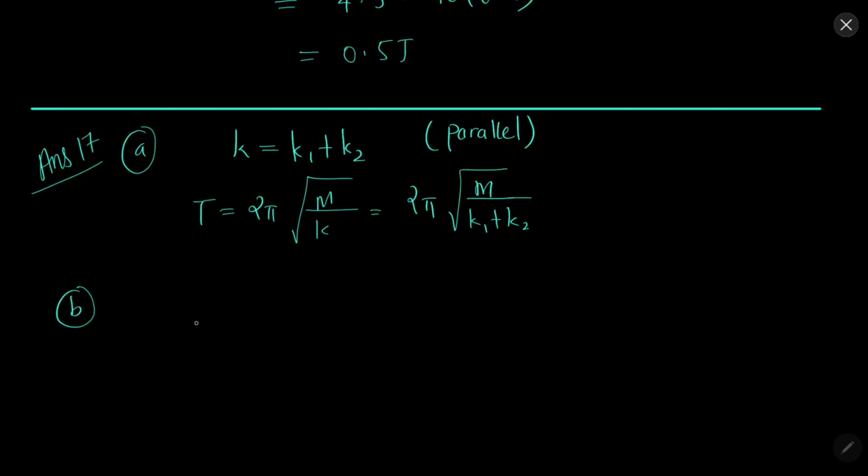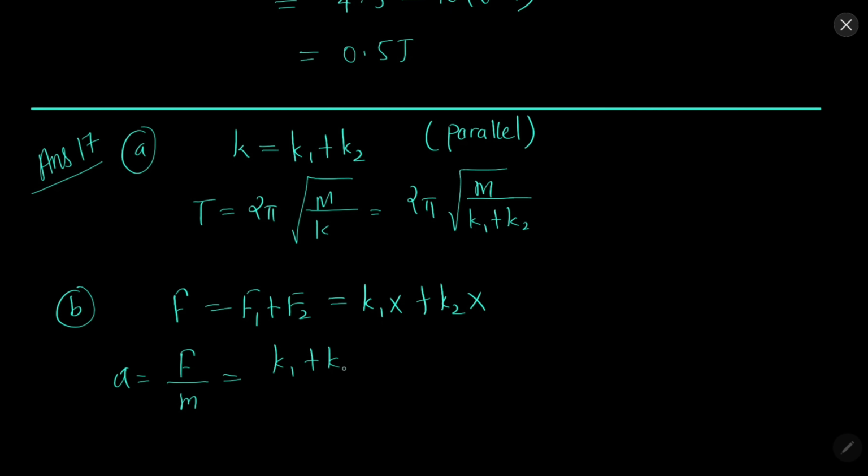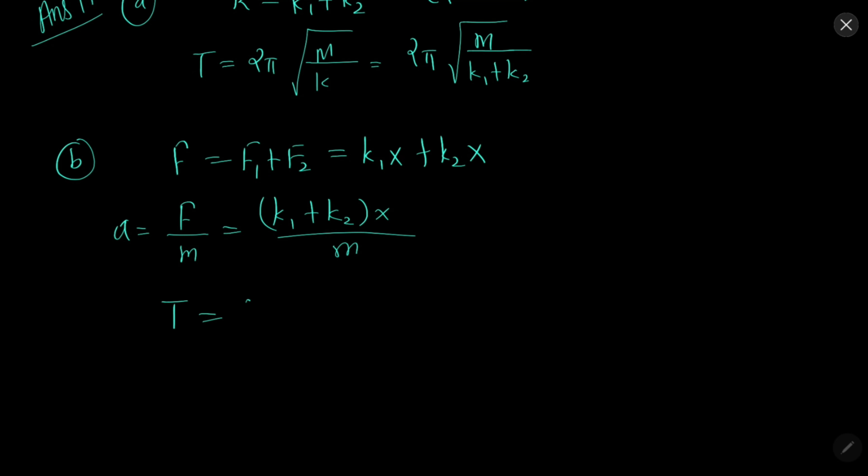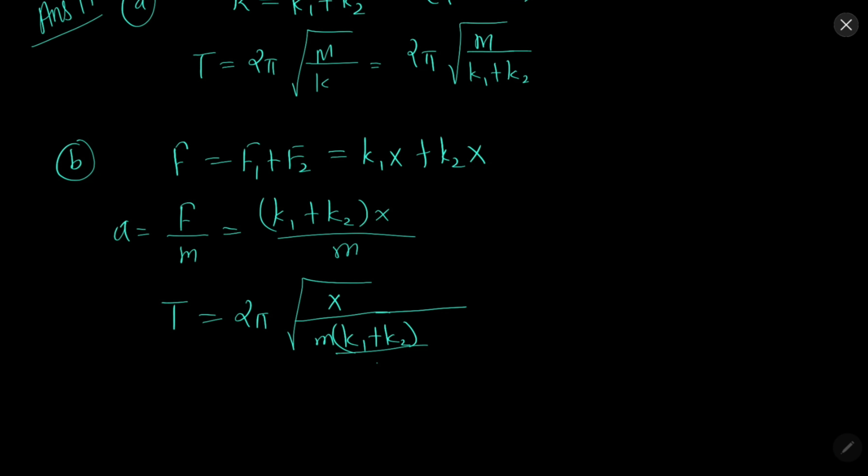Now B part. The resultant force will be F1 plus F2, that is k1x plus k2x. So acceleration will be F over m, that is (k1 plus k2) into x over m, and time period is 2 pi root displacement over acceleration, that is x over (k1 plus k2) x over m.